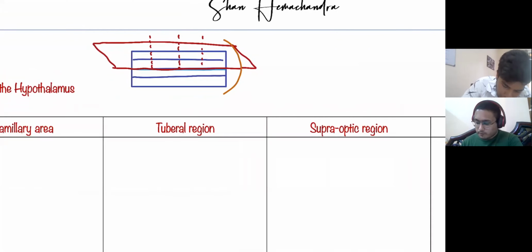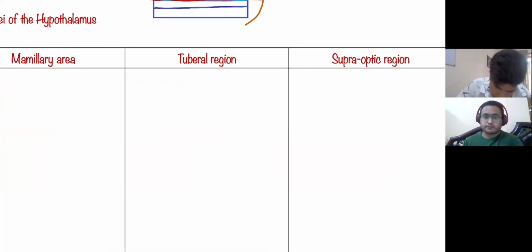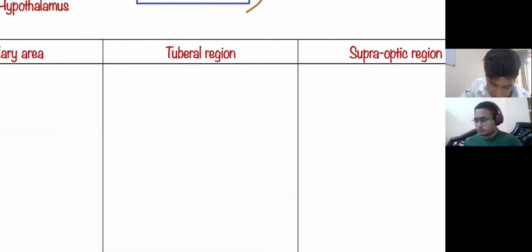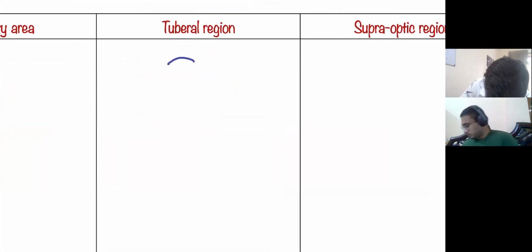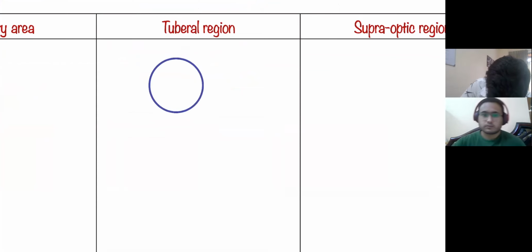So now let's look at the lateral tuberal region. We are going to look at this first. The nucleus here has a function related to hunger and thirst plus your anger. When you're hungry, you get angry. Just draw it like this.